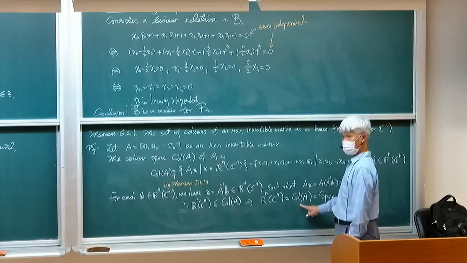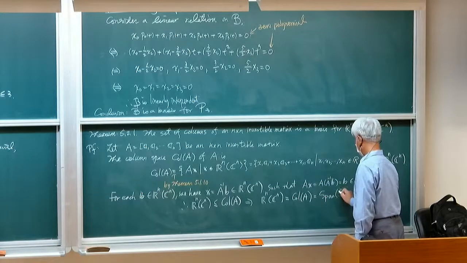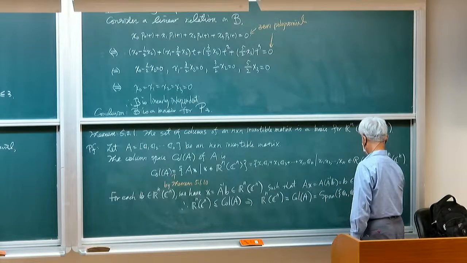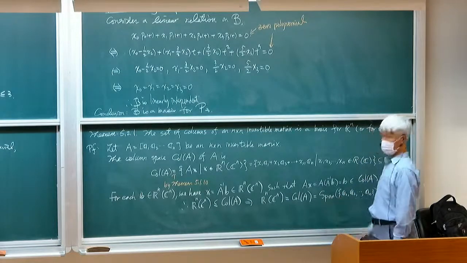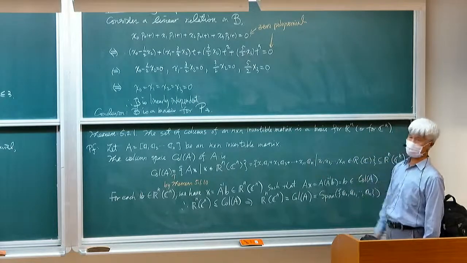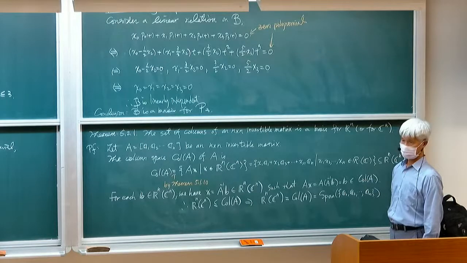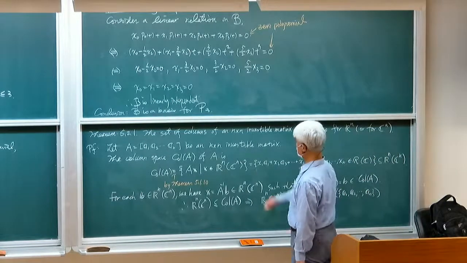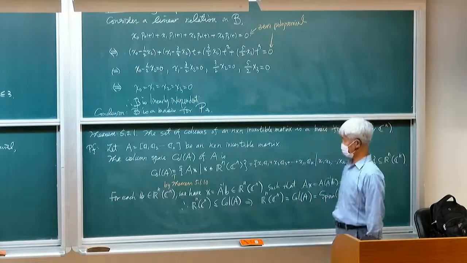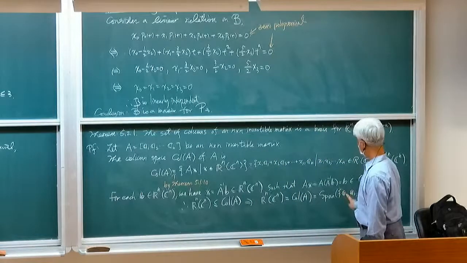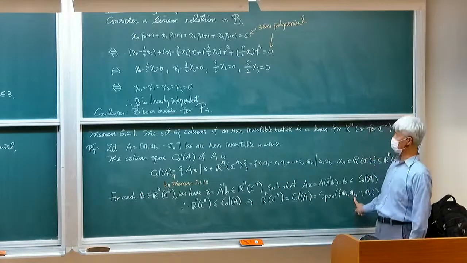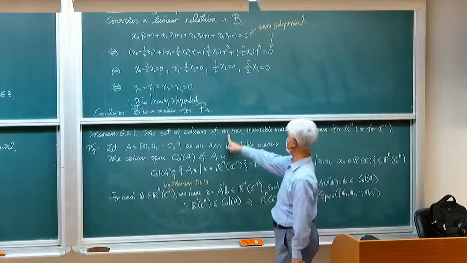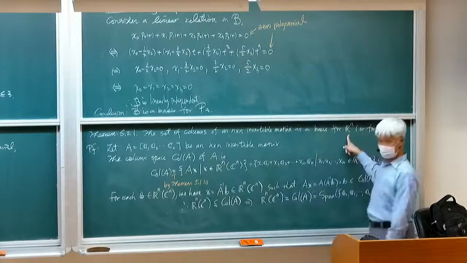By definition of the column space, this is just the span of A1, A2, up to An. So it's the span of the n columns of A already. All right, so we show that the set of columns spans the Euclidean space.